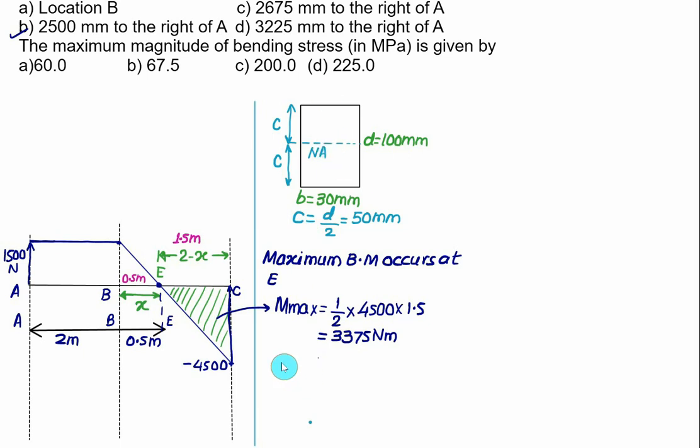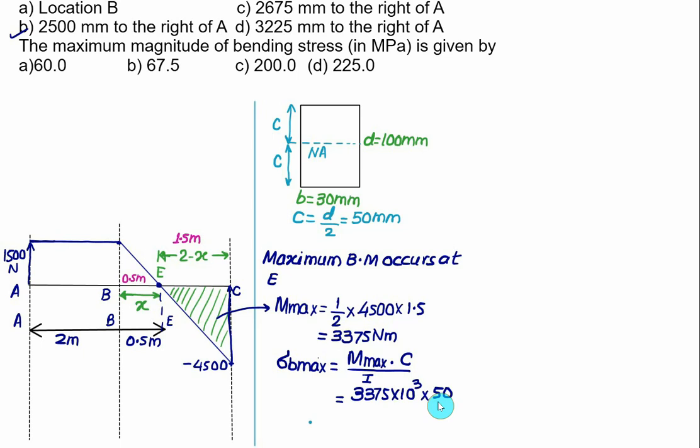We know the value of C, we know the moment of inertia, so we can calculate the maximum value of the bending stress. For this purpose, we'll use the flexure formula. Maximum bending stress will be either on the top fiber or bottom fiber. Since we are interested in the magnitude, we'll use the maximum bending moment multiplied by C divided by I. The I is the moment of inertia, BD cube by 12. Maximum bending moment is 3375 Newton meter, that is times 10 to the power 3 in Newton millimeter. C is the distance of the top and bottom fiber, that is equal to 50.